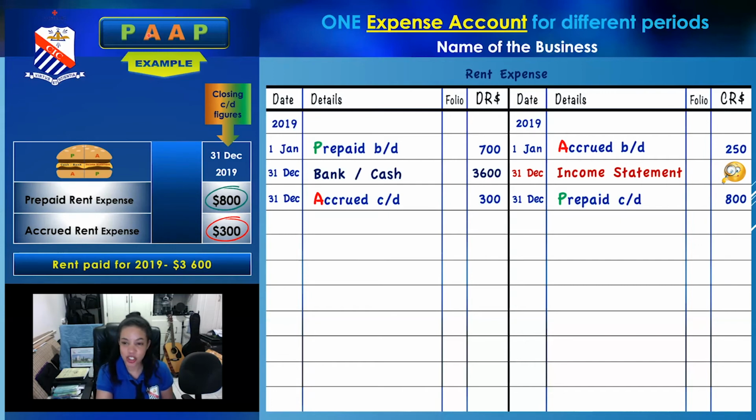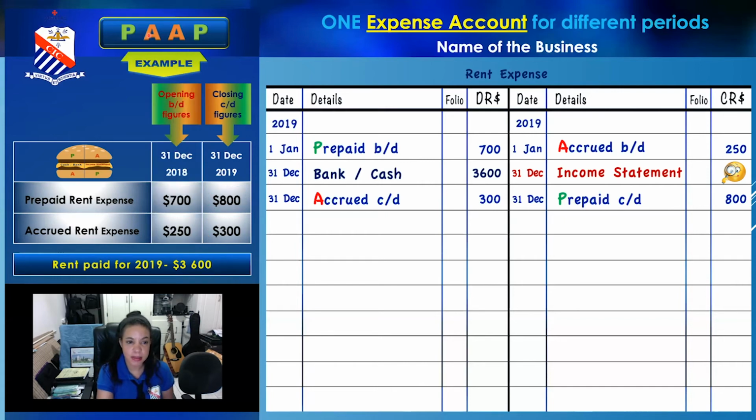And then you just move on to now work out what your income statement amount is. And you will have it as your total. You check which side has the greater total, which would be your debit side, 4,600. The other total must be the same, so you put 4,600.